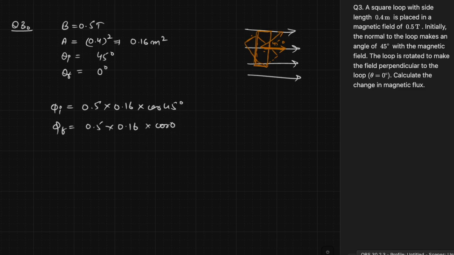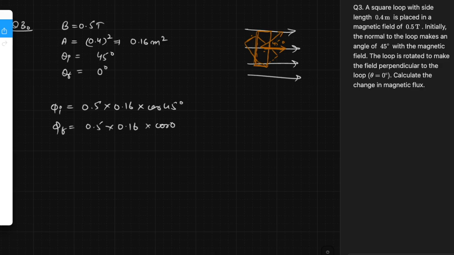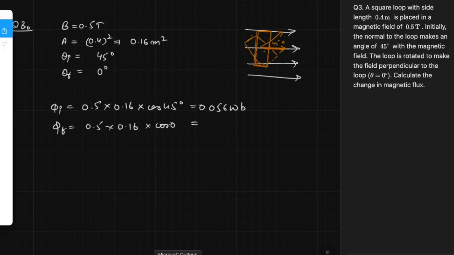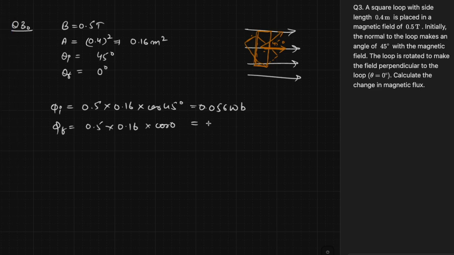So let me put these values. 0.5 into 0.16 multiplied by cos 45, or you can take the value 0.71, it'll be 0.056 Weber. And this will be 0.5 into 0.16, which is equal to 0.08 Weber.